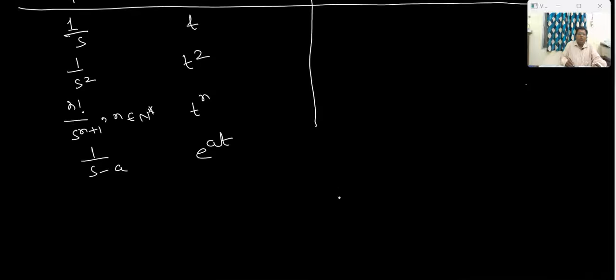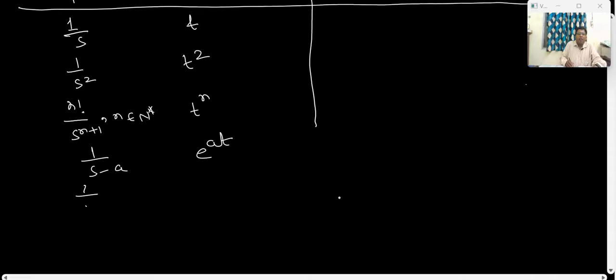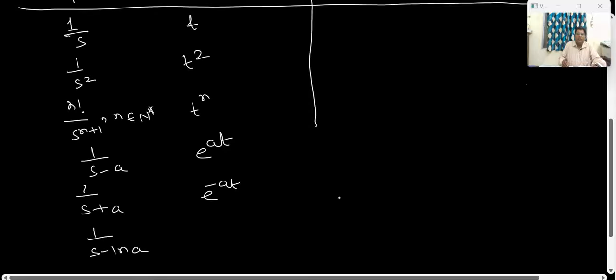Likewise, 1 by s plus a, it is e to the power minus at. Suppose I say 1 by s minus ln a, it is a to the power t.